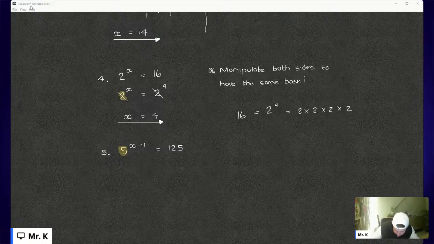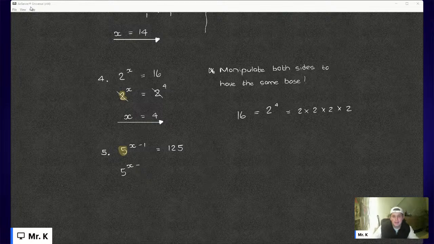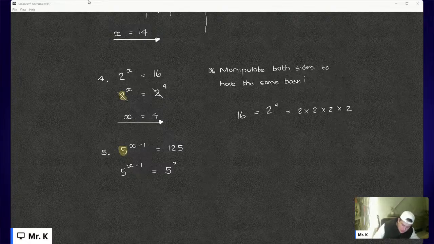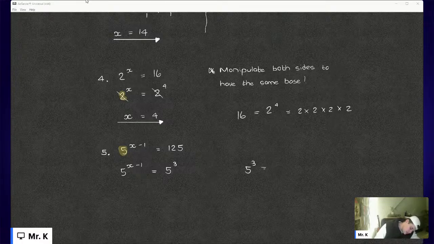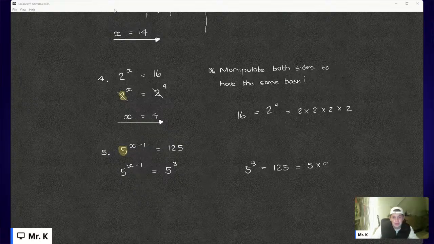So on the left-hand side, unfortunately, 5 to the power of x minus 1 needs to remain the same. But on the right-hand side, we can manipulate 125 to have a base of 5. 5 to the power of 3 is equal to 125 because it's the same as 5 being multiplied by itself 3 times over, right?